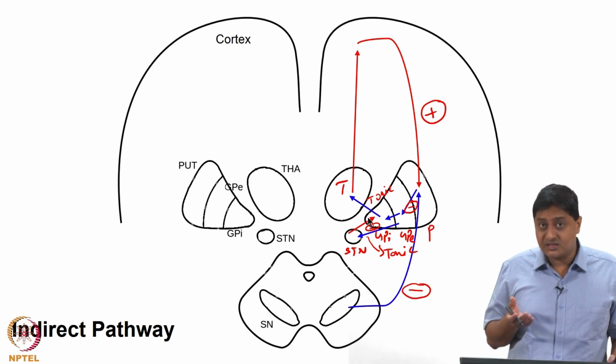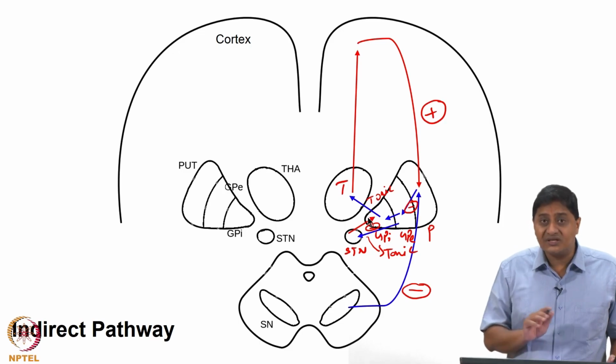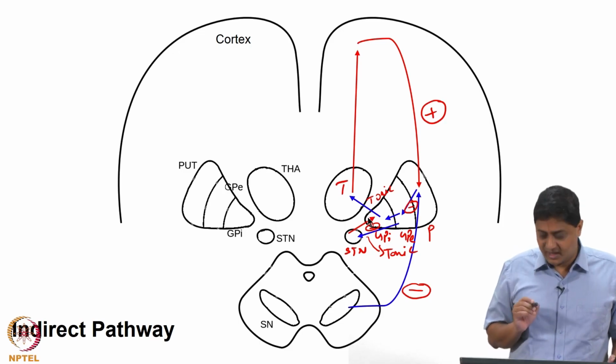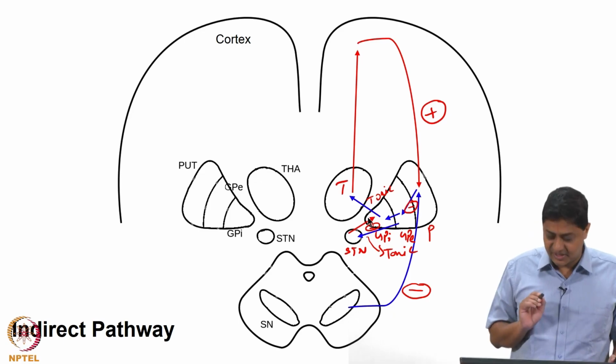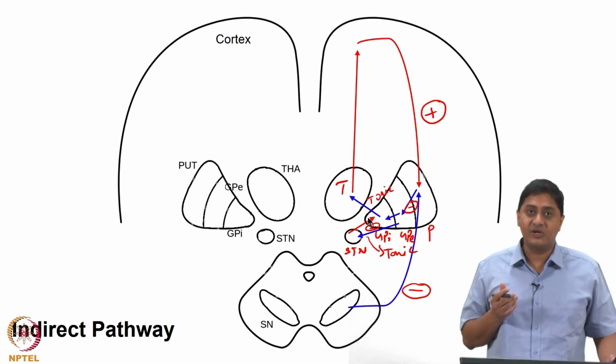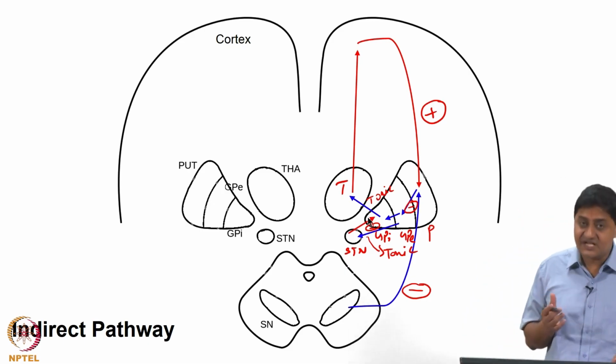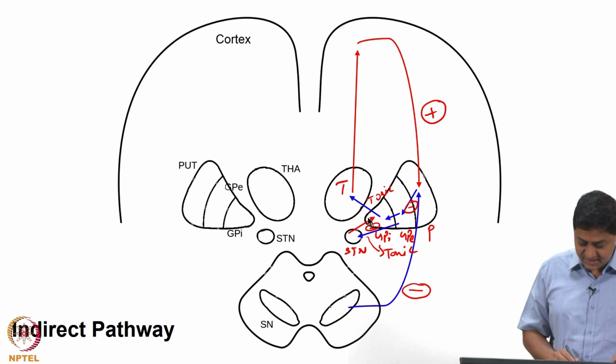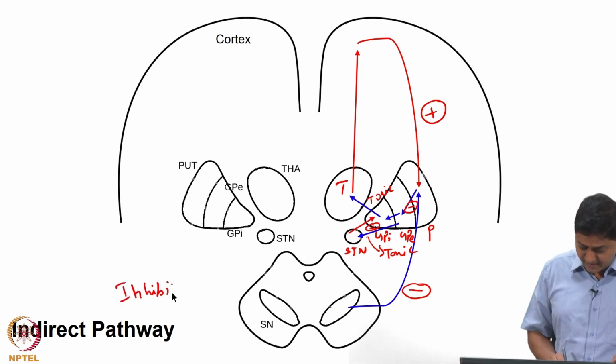So, these neurons send a higher level of excitation not to the thalamus, it sends a higher level of excitation to the globus pallidus internal segment, thus increasing the tonic inhibition level provided by the globus pallidus internal. So, essentially the indirect pathway is an inhibitory pathway.